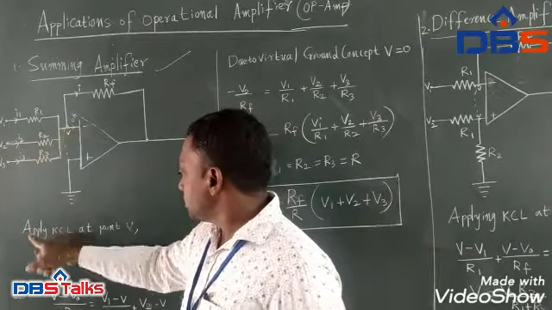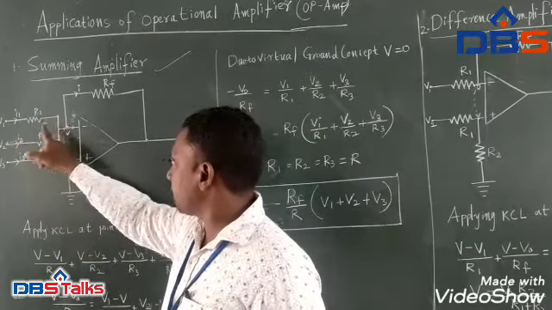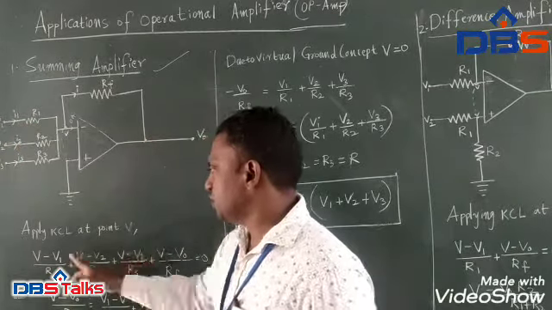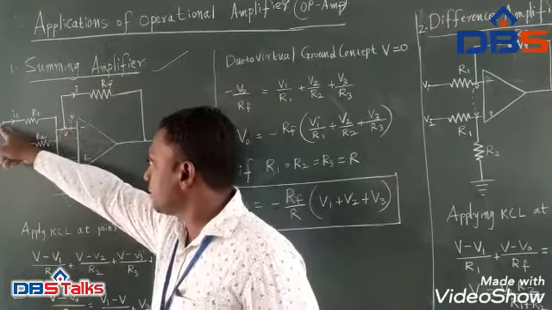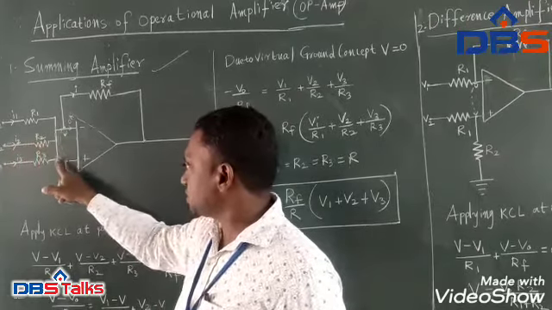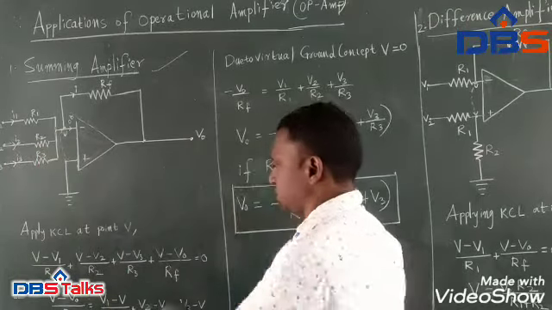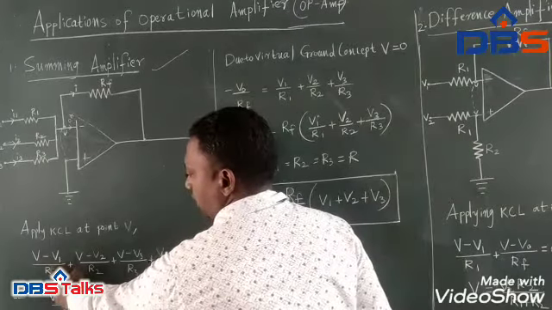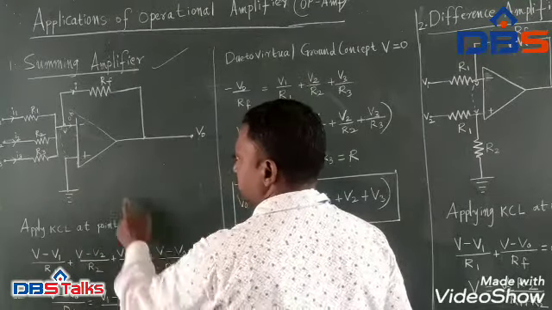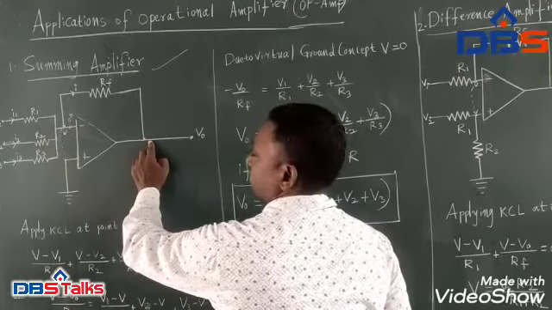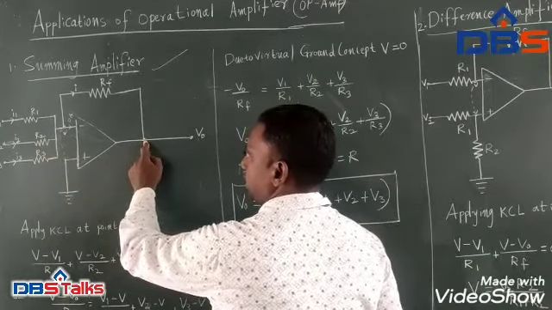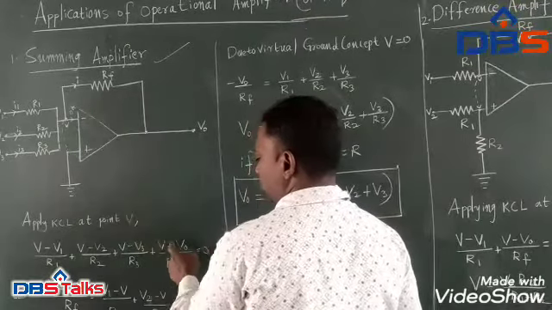Therefore, V minus V1 divided by R1, that is nothing but I1, plus V minus V2 by R2, plus V minus V3 by R3, plus V minus V0, where V0 is the output voltage node, divided by RF, is equal to 0.